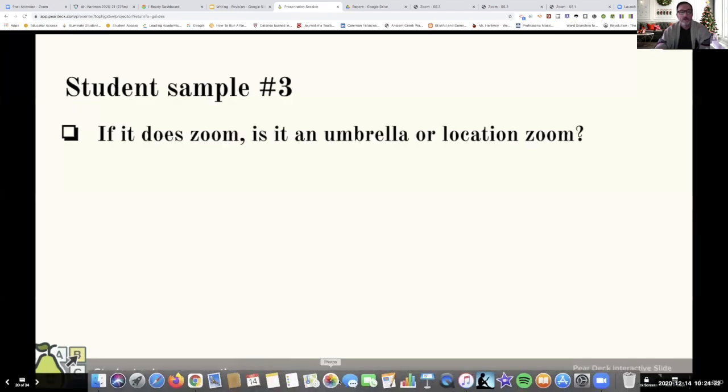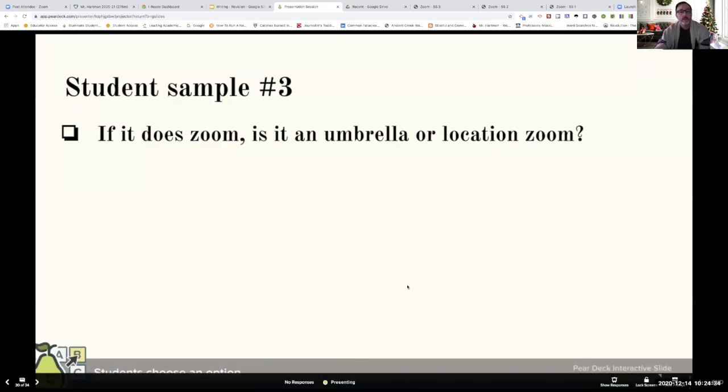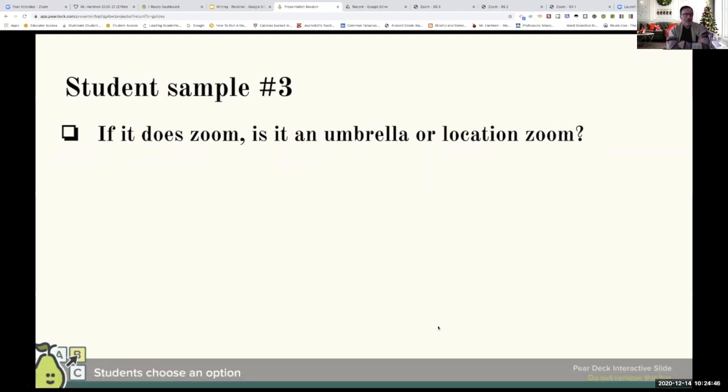So next question, if it does zoom, is it an umbrella or a location zoom? So does it focus on an event that occurs in a specific location? Or does it occur over multiple locations, but have one idea?